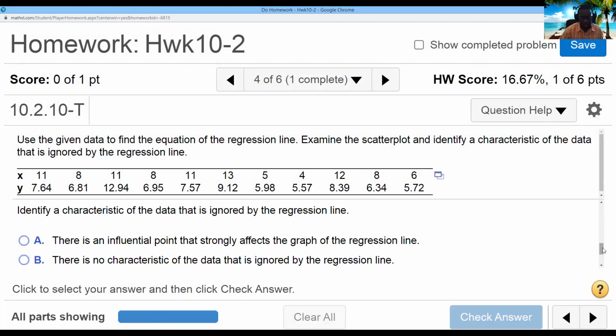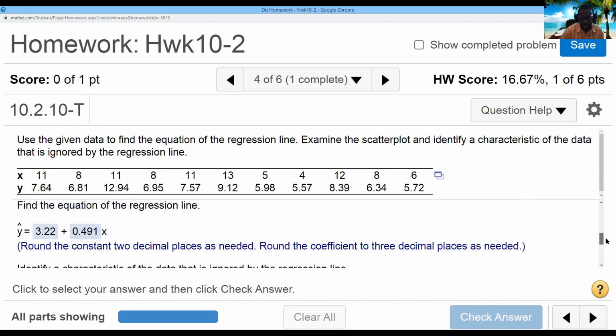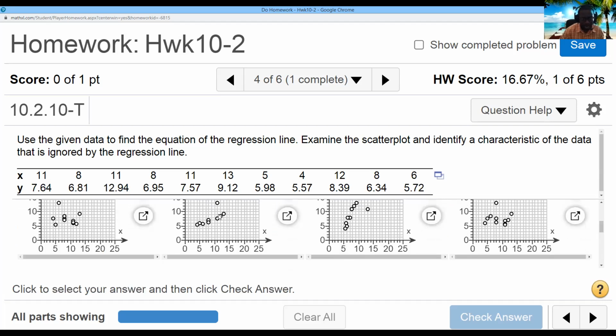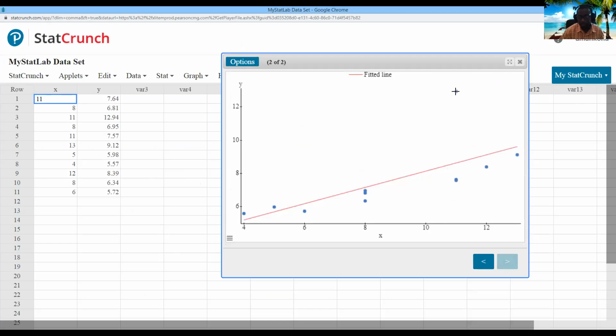So what do you think? Identify the characteristics of this. If you go back to this graph, this point right here seems to be an influential point. If you look at the scatter plot, this point here is an influential point, where x is 11 and y is 12.9, which is this value.